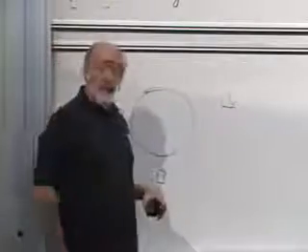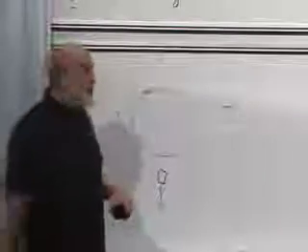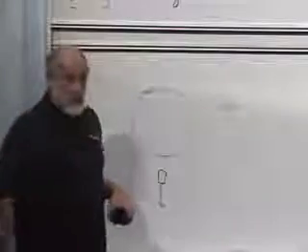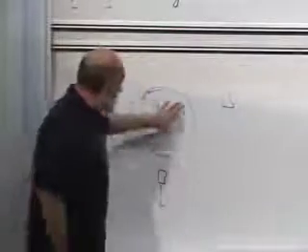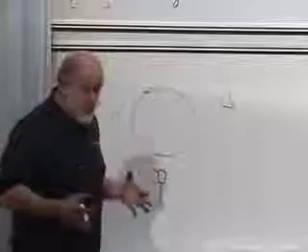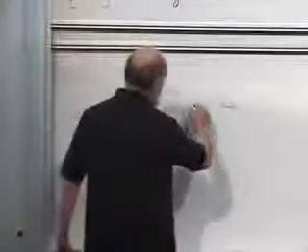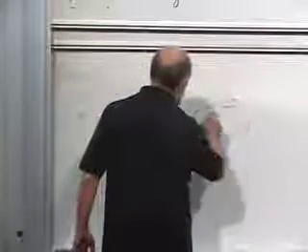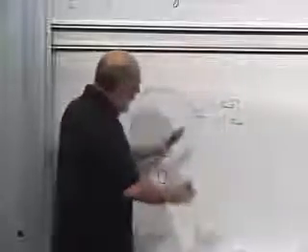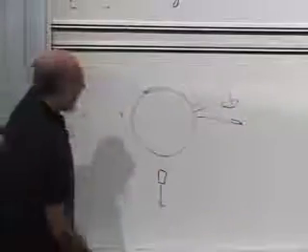Can a person over here tell that they're falling, as opposed to being in outer space? Can they tell the difference between gravity and acceleration? And the answer is yes. They can tell the difference because the gravitational field of the Earth is not uniform. It points in different directions, and it varies with distance.